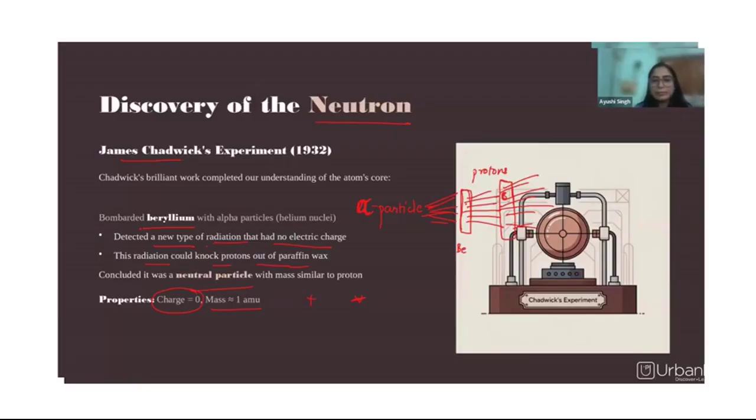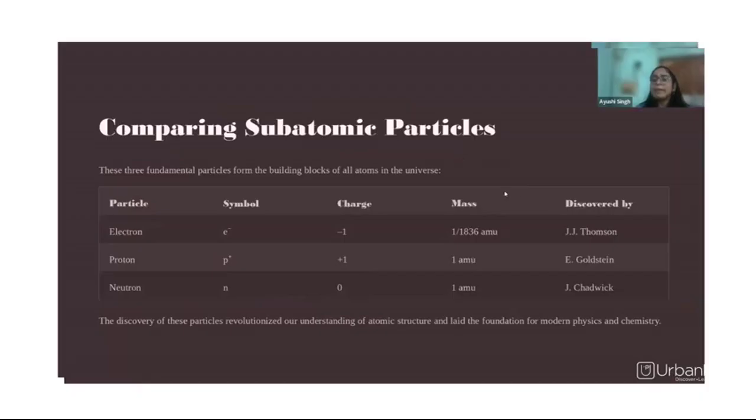So this is it. Now, if we compare these subatomic particles of an atom, we'll see that electrons have a symbol of e minus, negative charge, right? Here, p positive. And then the charge is -1. Here, the charge will be +1. Now, mass, you can see the difference.